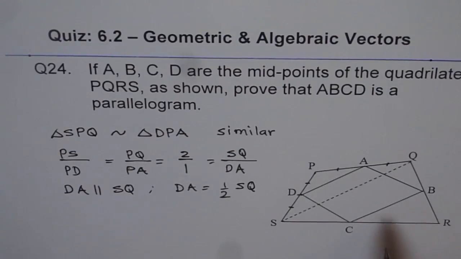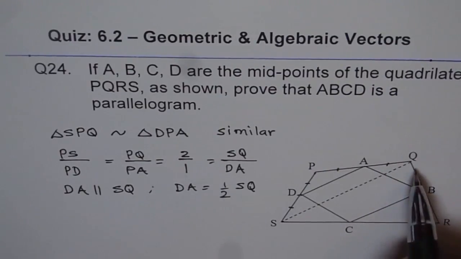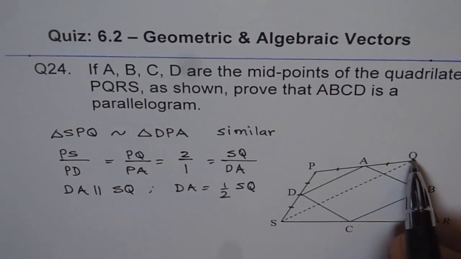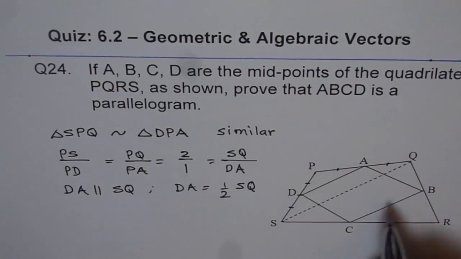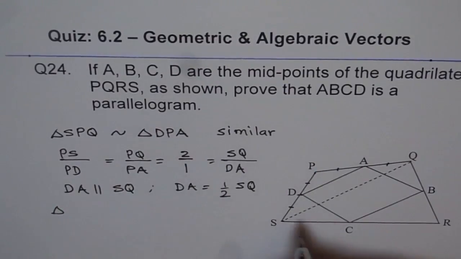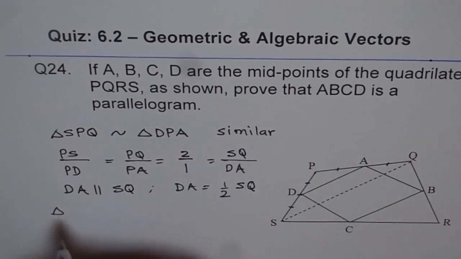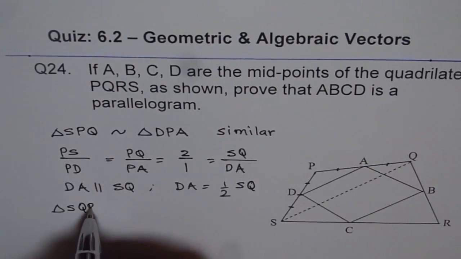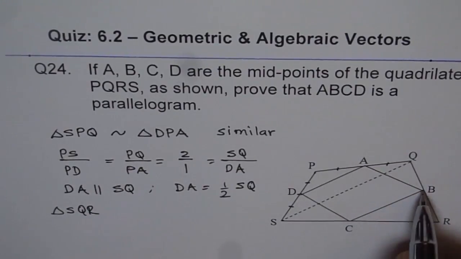So this part we have done. Now consider the other set of triangles, which is triangle SQR. Let me write this SQR triangle now. So we are considering triangle SQR on the other side, and triangle CBR.